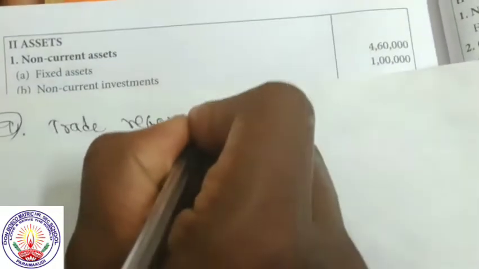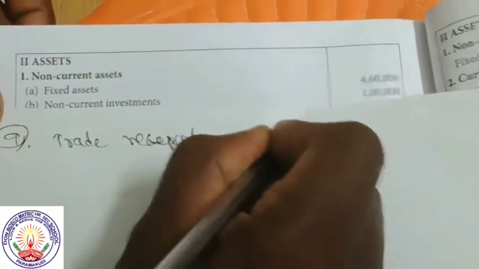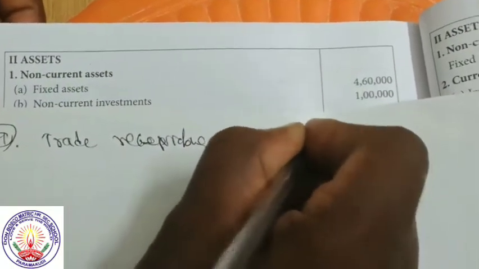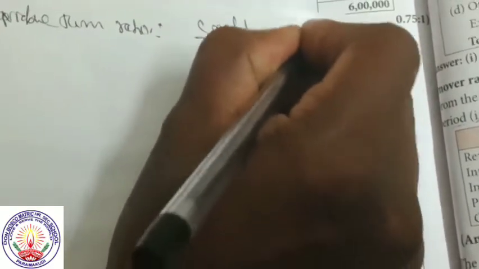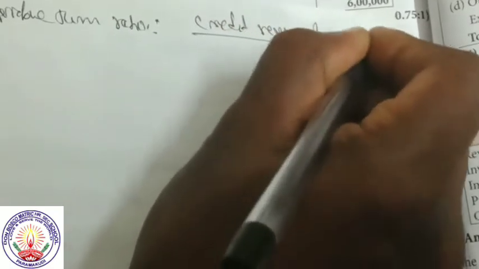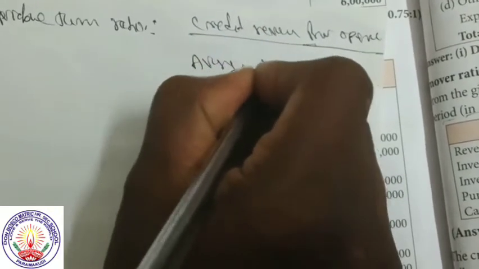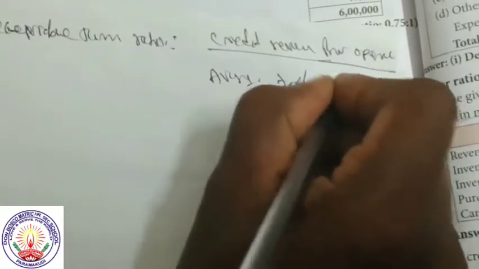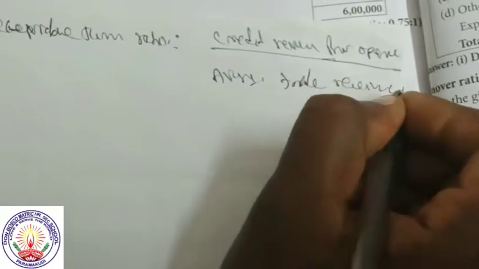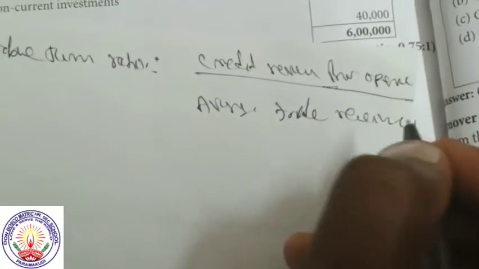Trade receivable turnover ratio equals credit revenue from operation divided by average trade receivable.